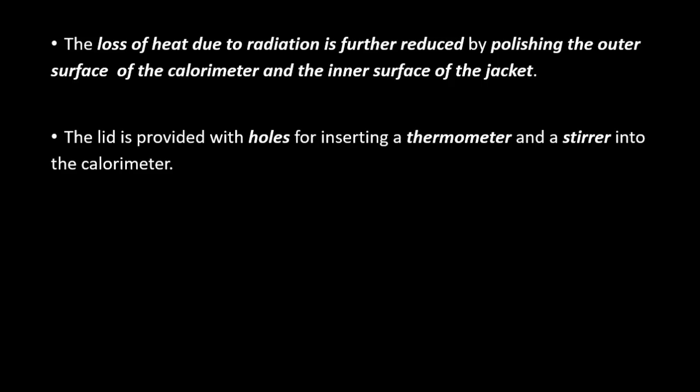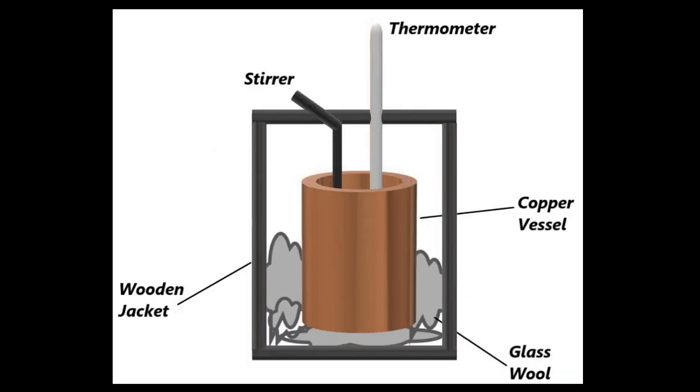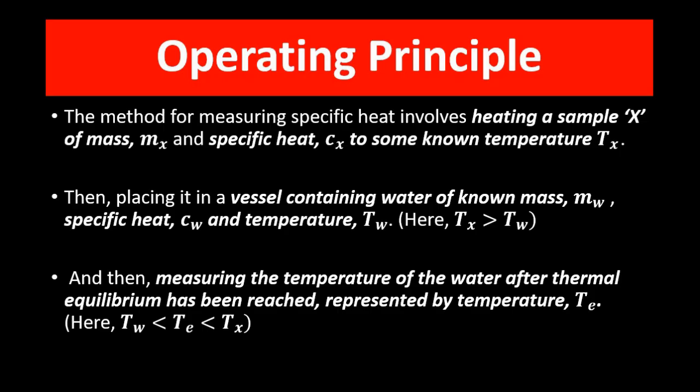Now, to further minimize the loss of heat due to radiation, the outer surface of the calorimeter is polished more than the inner surface. And some extra holes are provided so that we can insert the stirrer and the thermometer through these holes.